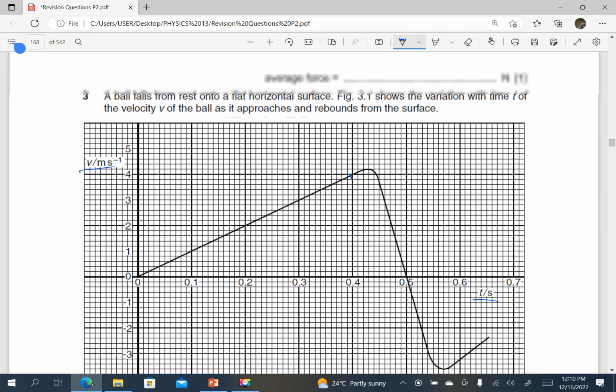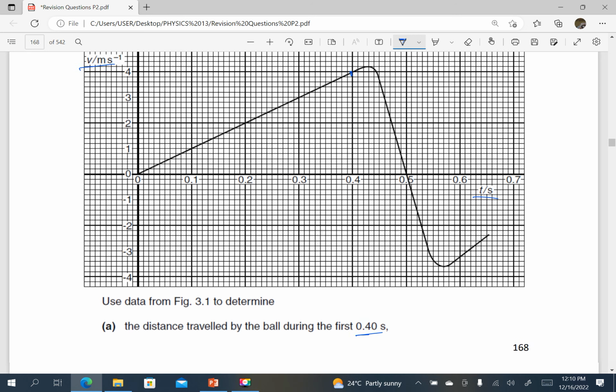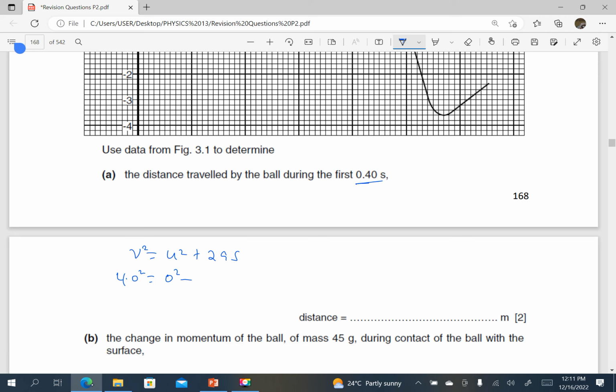A ball falls from rest onto a horizontal flat surface. So acceleration is going to be acceleration due to gravity. It is falling, so that will be plus, not minus, because it is falling.